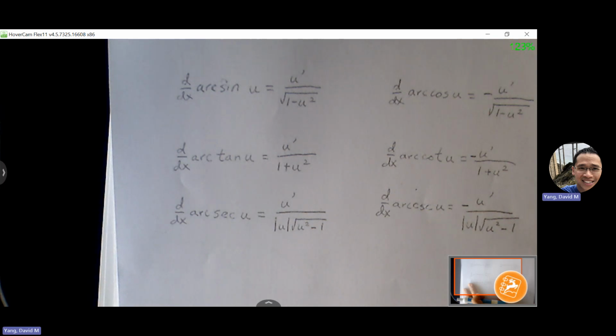Now, the denominator: what's the most complicated looking one? Yeah, arcsecant, right? It's so messy. It's got the absolute value, it's got the square root, it's got a minus sign. So let's move on to this one here. You start off with the messiest part that we don't recognize, the absolute value of u.